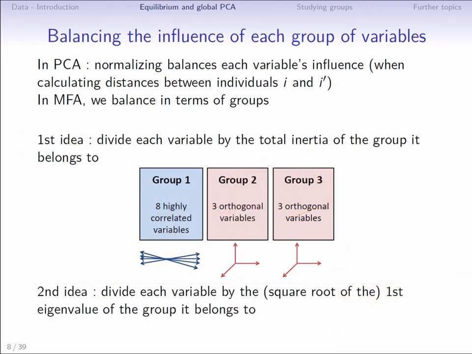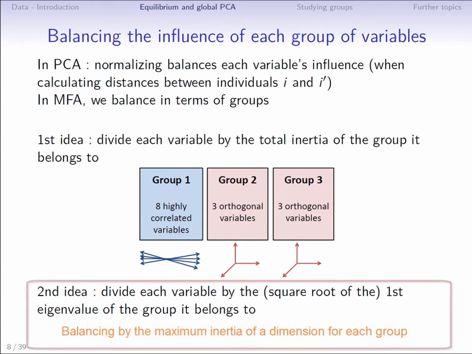So a second possible idea consists in balancing the groups no longer as a function of a total inertia, but as a function of the maximum inertia of a dimension. Thus, we can avoid a unidimensional group having too much importance in the analysis, and the richness provided by a multidimensional group, that is, a group with several axes of variability, is not missed or hidden.